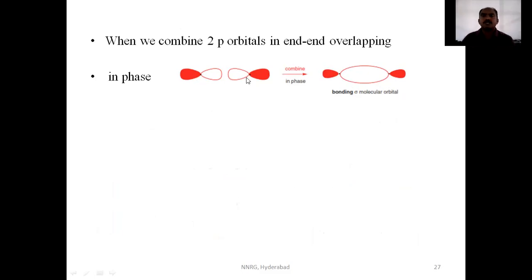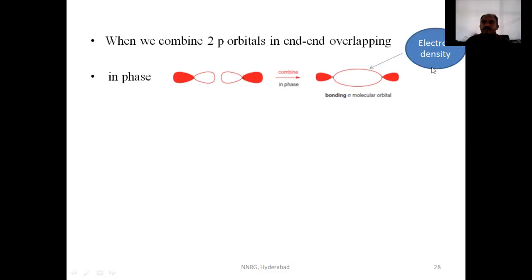When two p orbitals combine with each other in phase, there is an attraction between these two similar phases, so bonding takes place and a bonding molecular orbital is formed. But when you see here, the electron density is present between the two nuclei, so it is present in the center of the bonding orbital.